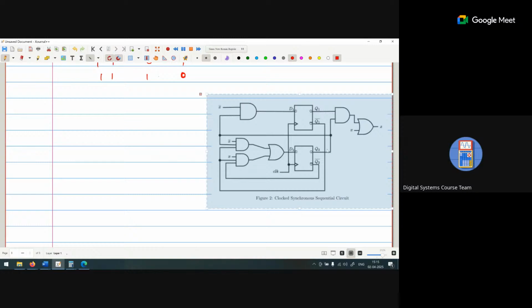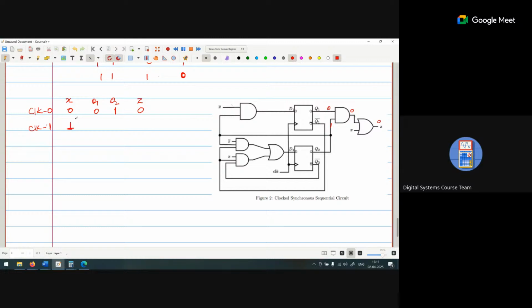At clock 0, what is X? X I am considering as 0. Q1 is 0 and Q2 is 1. So what is Z? Z is 0 and 1. We are getting 0, 0 and 0 will be 0. So Z is 0. Now with clock 1, the X is 1.